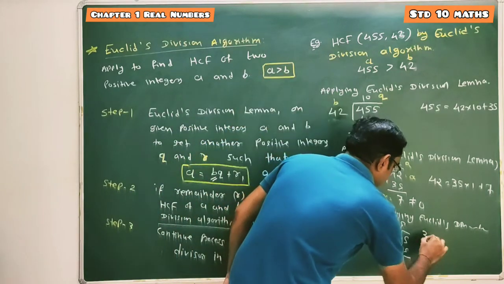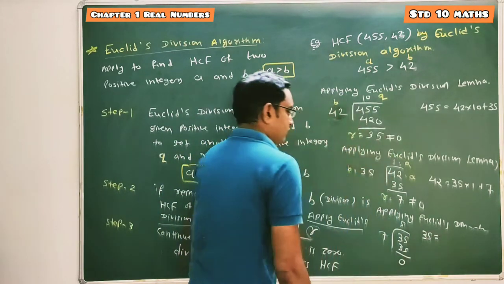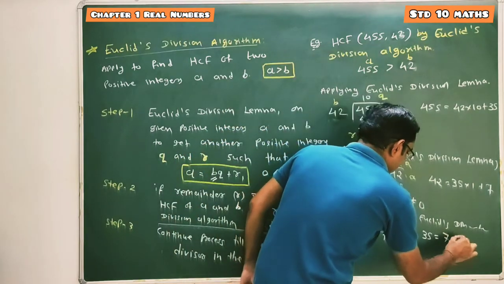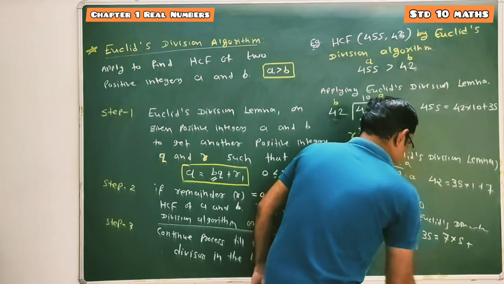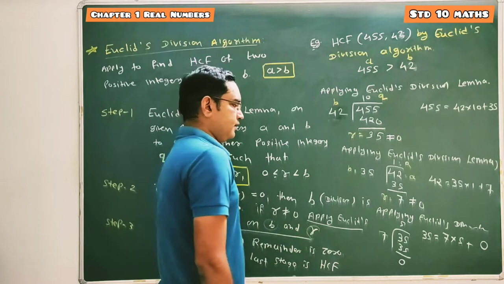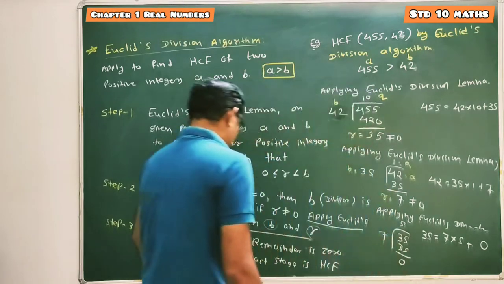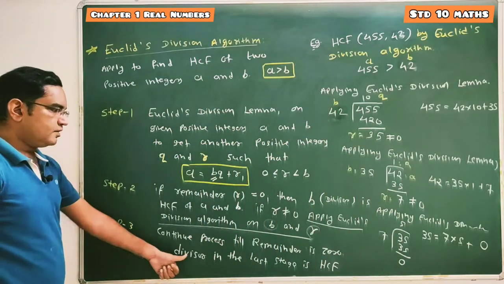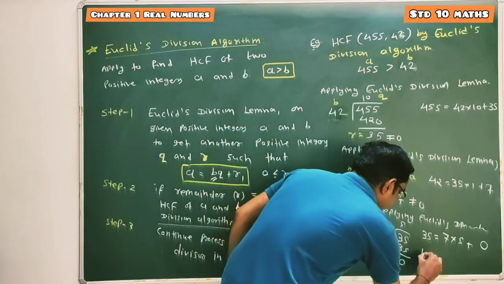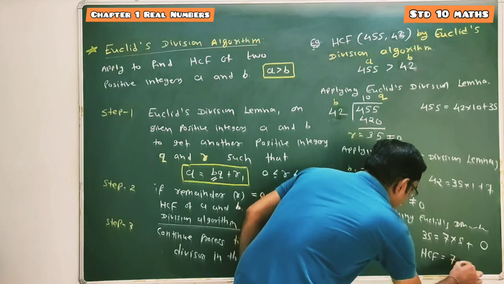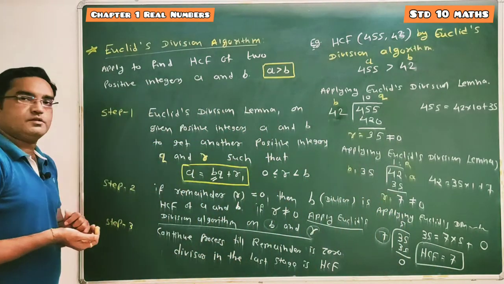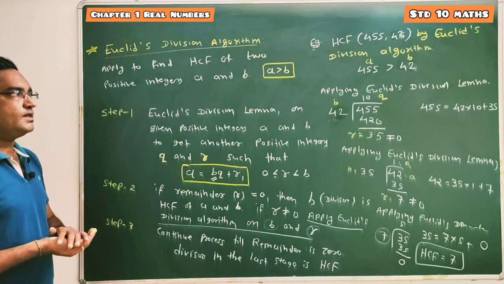So here 35 is equal to 7 into 5 plus 0. Here remainder is 0. So when remainder is 0, the divisor at the last step will be our HCF. So HCF is equal to 7. Clear students?